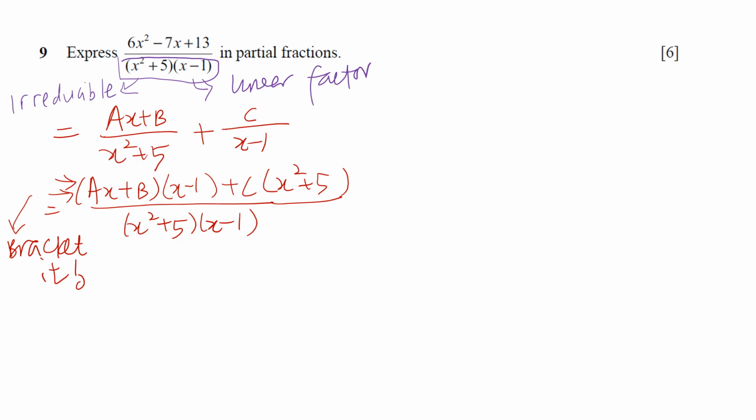So these two are equivalent: the fraction given to you and these two partial fractions are equivalent. Therefore, we can just compare the numerator, which is the bracket. Don't write wrongly, otherwise you have to redo. Bracket ax plus b times x minus 1 plus c.